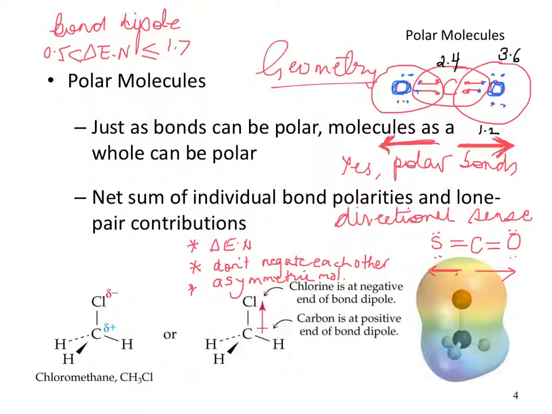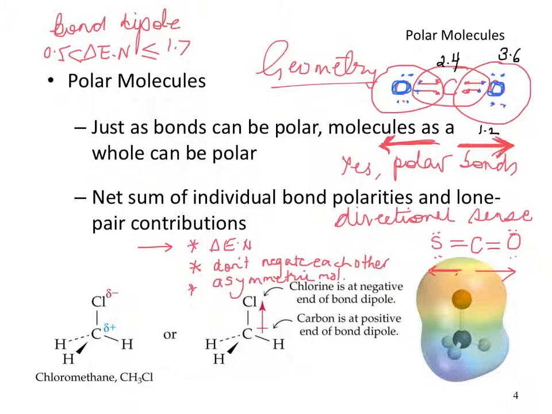So again, keep in mind, bond polarity is a requirement. Bond polarity stems from the difference in electronegativity, and if the molecule is symmetric, then they will negate each other, and overall there'll be no molecular polarity. On the other hand, if it's an asymmetric molecule, then yes, you would see bond polarity culminate into the polarity of the molecule.